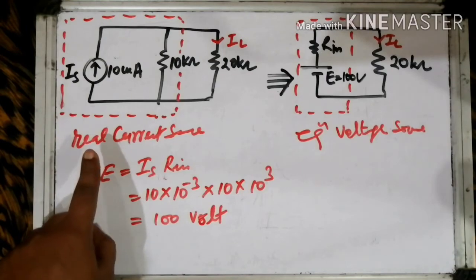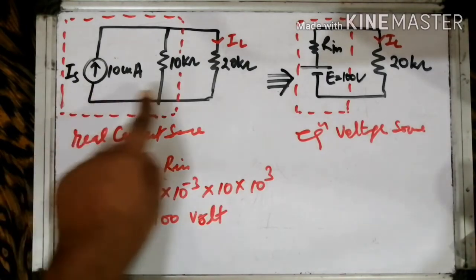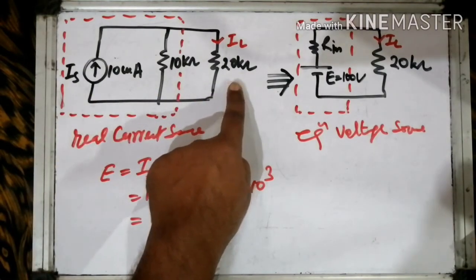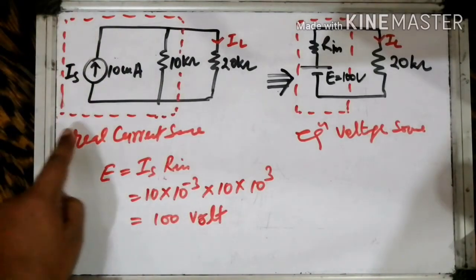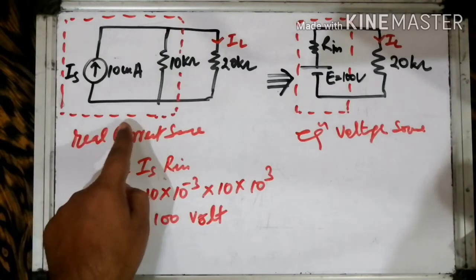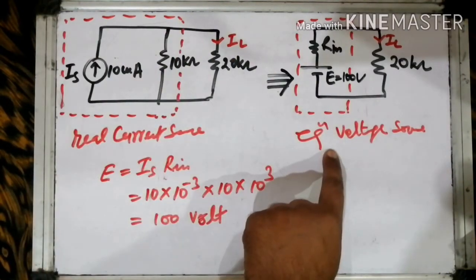According to the question, find out the current in 20 kilo ohm resistor by converting this real current source into an equivalent voltage source.